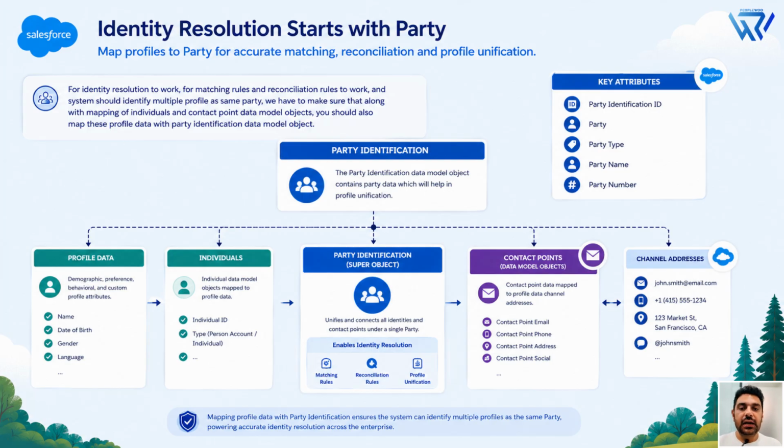Party identification data model object contains party data which will help in profile unification. In this party identification data model object, we have a few attributes like party identification ID, party type, party name, and party number.